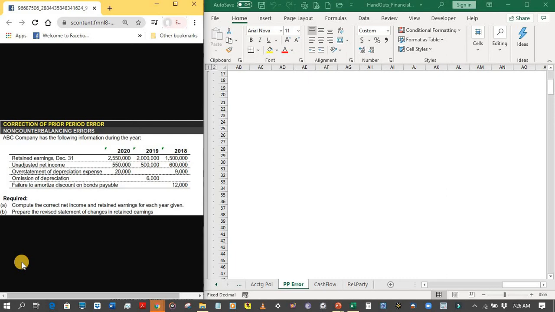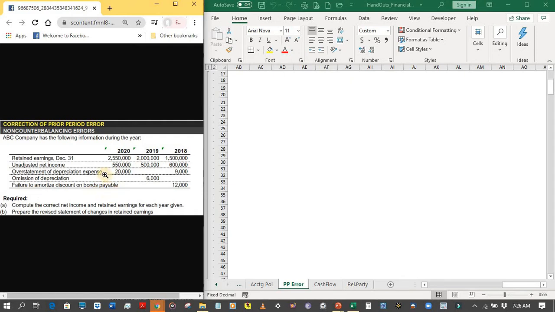So ABC company has the following information during the year. So the problem provides the information about the retained earnings and the unadjusted net income of the entity from 2018 until 2020. And our errors include overstatement of depreciation expense, omission of depreciation, and failure to amortize discount on bonds payable.